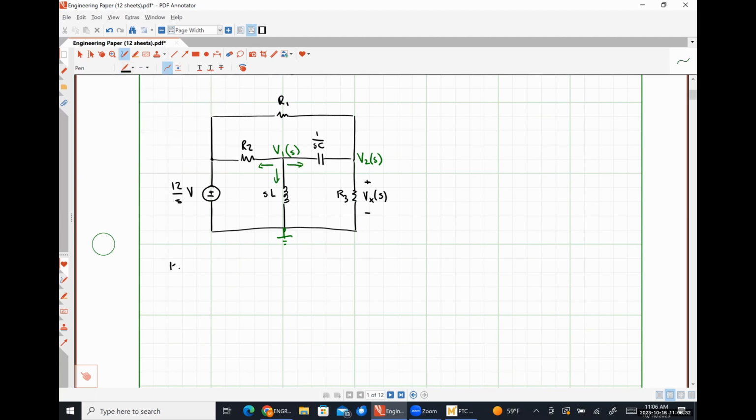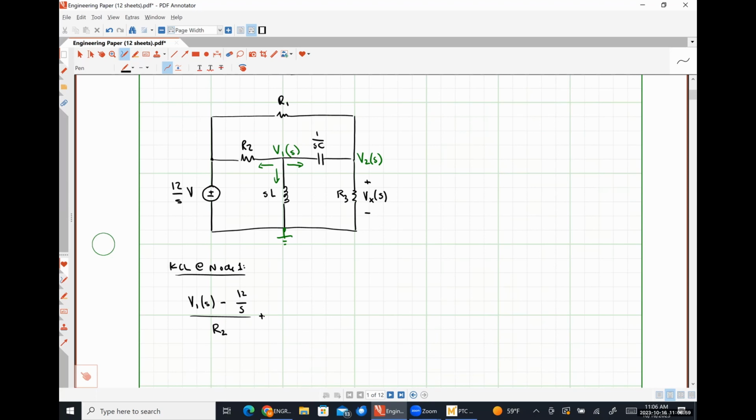So KCL at node 1 looks like V1 of S minus 12 over S divided by R2, plus, so that's the current flowing to the left through resistor R2.